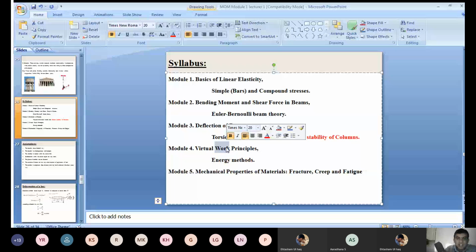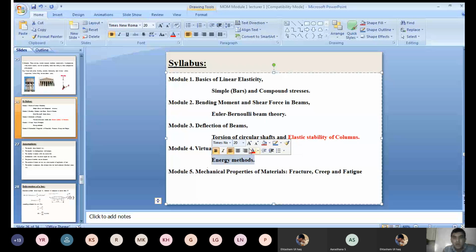Imaginary work, a virtual work. In the virtual work principle, we'll discuss in detail later. Next one is the energy method. Up to module 3, whatever mechanical members you consider, it may be bars, beams, shafts or columns.